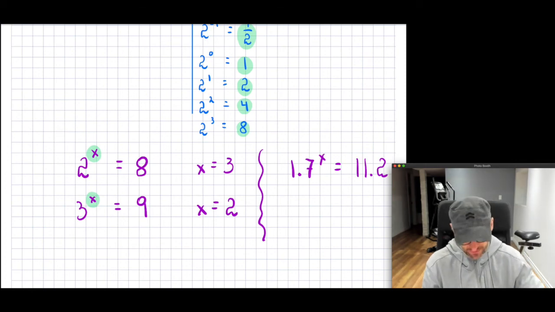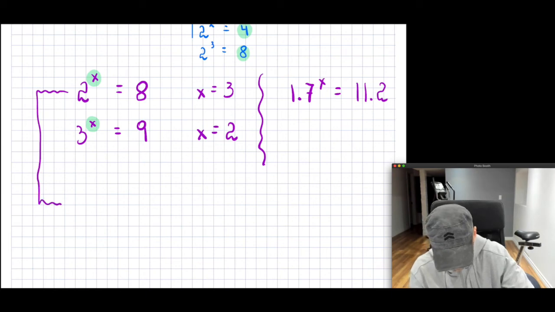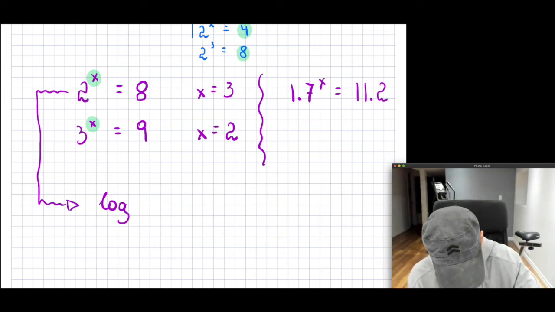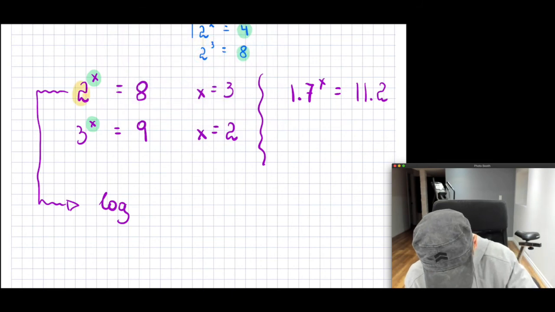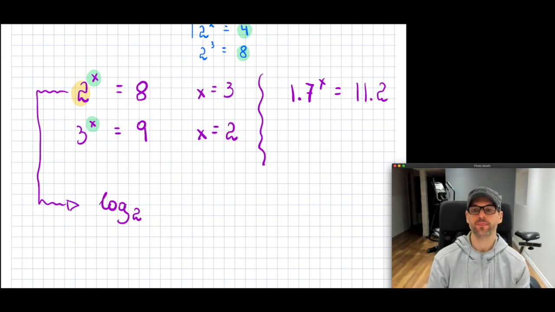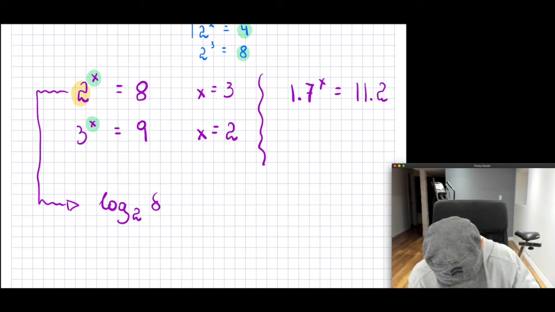So log, I'm going to explain it, let's say from here. What log is doing, log is trying to find your exponent. So we take our base, here is our base of 2, and mathematically we would write it like this. This is our base 2. Our answer was 8.